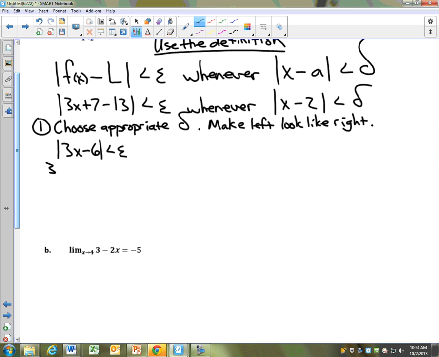Factor out a 3. Can you factor a 3 out of an absolute value and be okay? Yes, because it has positive value. So we factor out a 3, and we're left with x minus 2 is less than epsilon. Does that look like what you have on the right? Pretty close. What do I have to get rid of? The 3. Divide both sides by 3. So x minus 2 is less than epsilon over 3.